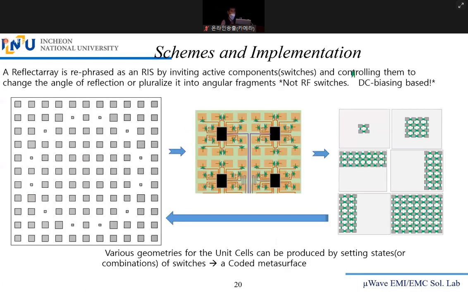So if I want to equate the RIS to a reflector array I have designed for, corresponding to discrete states of the RIS, you can do this. Yeah, I finally need this type of thing.